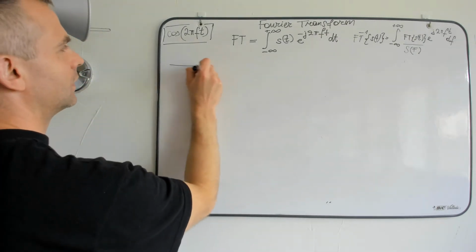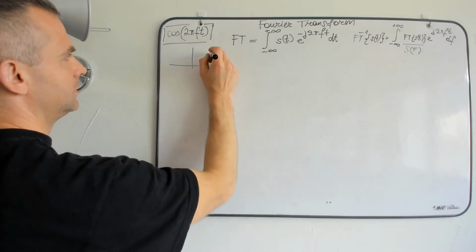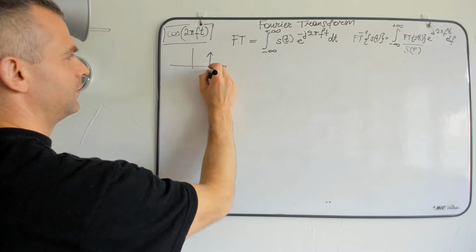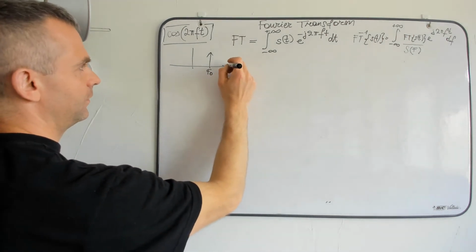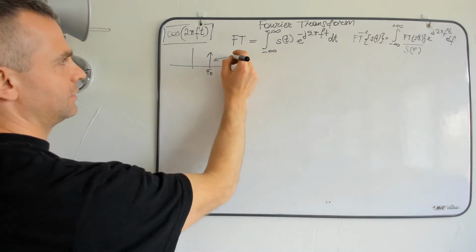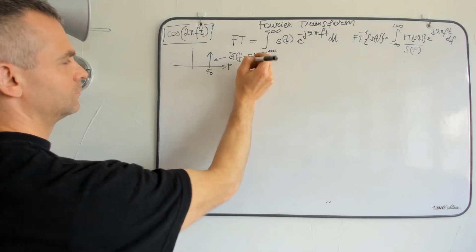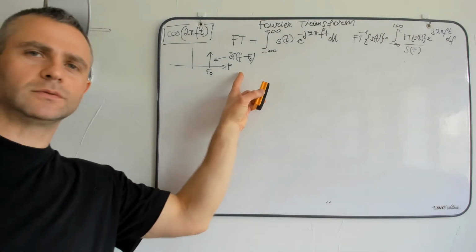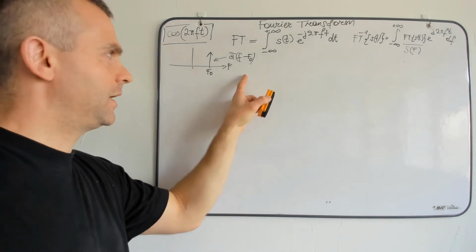So let's have a look at the delayed Dirac function, delta function. So this is our delta function, and we want to get into the time domain.